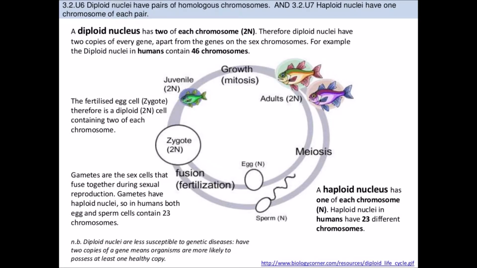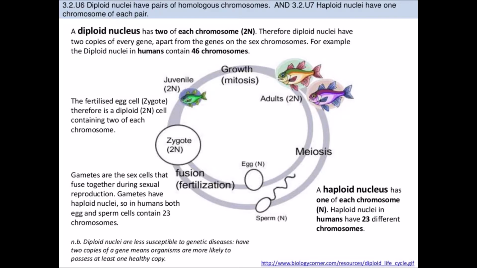An egg and a sperm are considered haploid cells because each contains 23 chromosomes, which is half of the 46 in humans. When the egg and sperm combine to form a zygote, the amount of chromosomes within each combine together, and there are 46 in the zygote. So that means it's a diploid cell.